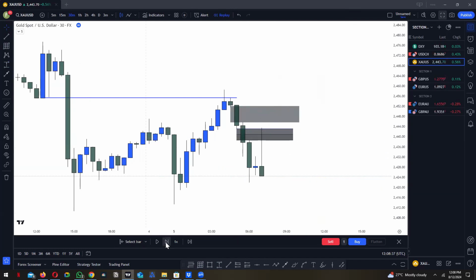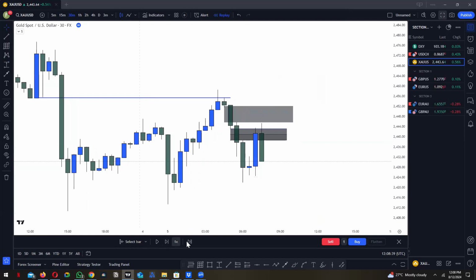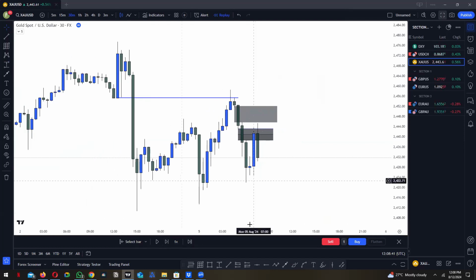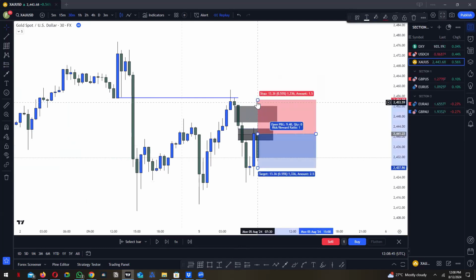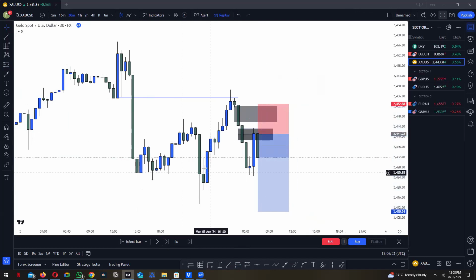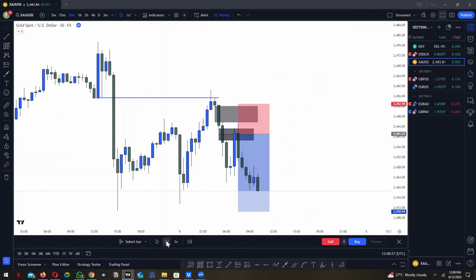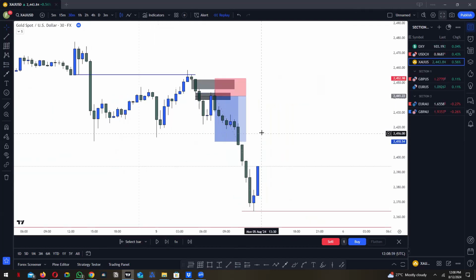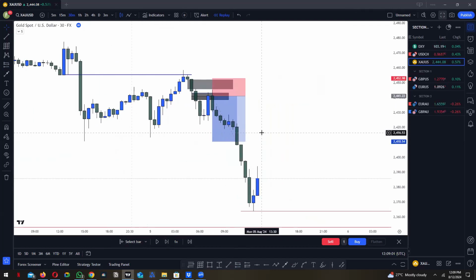So you see price tap into our level and close exactly around our consequent encroachment, which is 50% of the fair value gap. So we can take our entry from here, and then target our structure as our take profit levels. You see price come all the way down and spike through our take profit.